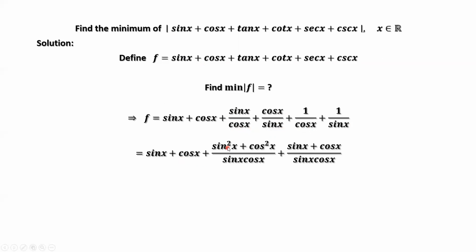The numerator is sine squared plus cosine squared. From the basic result for sine and cosine, we have sine squared plus cosine squared equals 1. Sometimes we also call this a Pythagorean result.